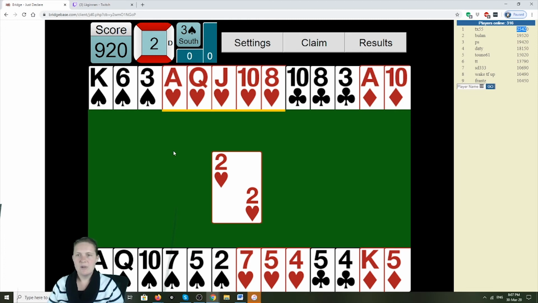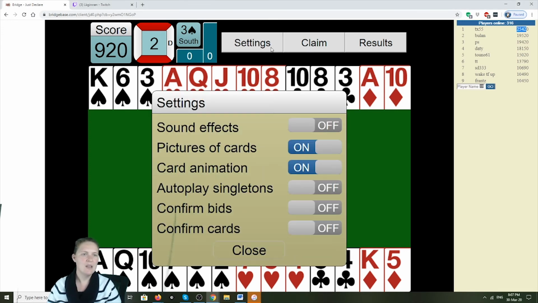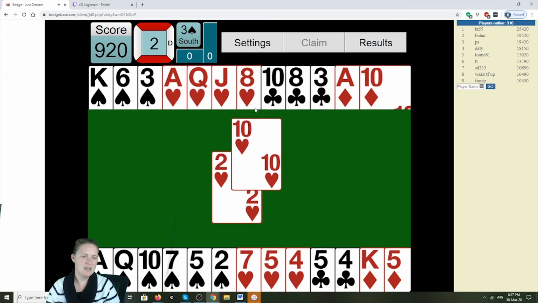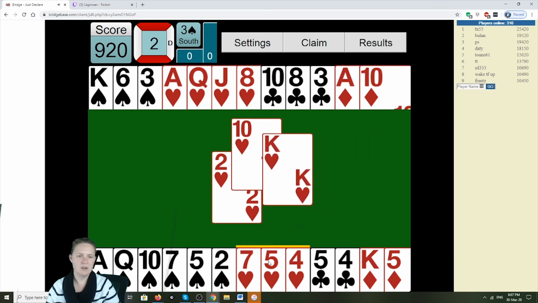So this is how you play the Bridge Base Online Just Declare feature. In all honesty, I wouldn't worry too much about these buttons up here. The only one you might want to change is that I think the default might be that sound effects are on. And personally, I find the sound effects of Bridge Base really annoying.